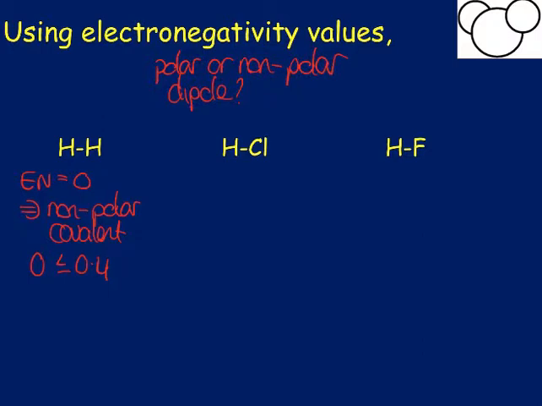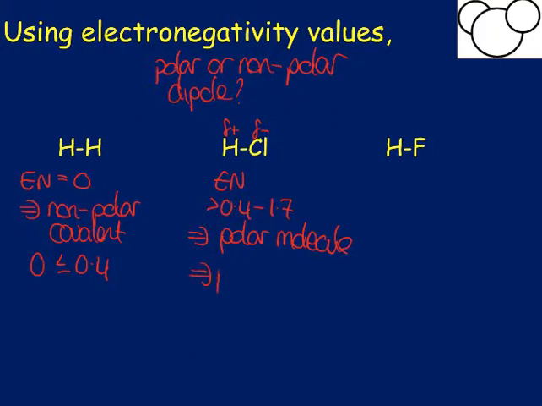When you do the maths here, it comes out to be in the range of greater than 0.4 to 1.7. So this makes this a polar molecule because there's nothing to change it, and we put our little delta positive and delta negative over these guys. So this molecule has a permanent dipole.